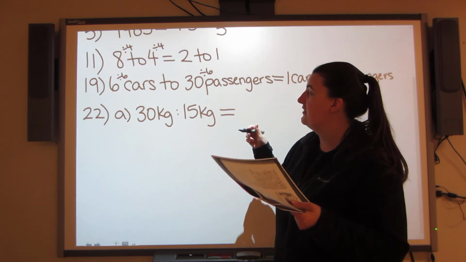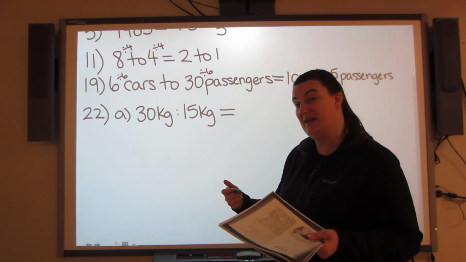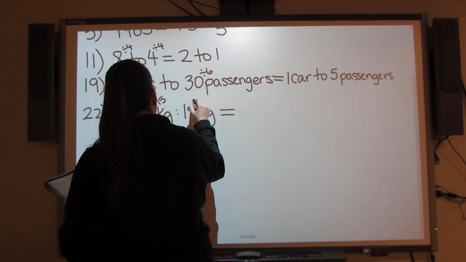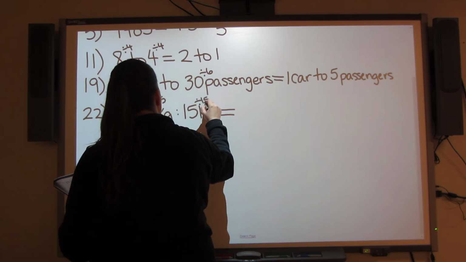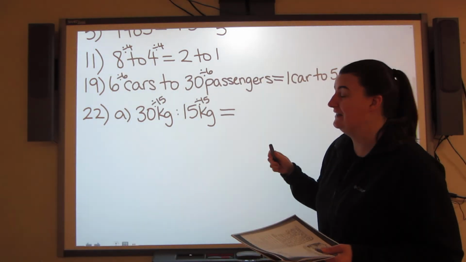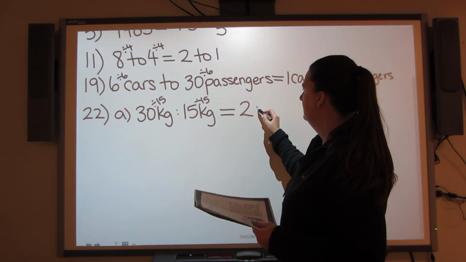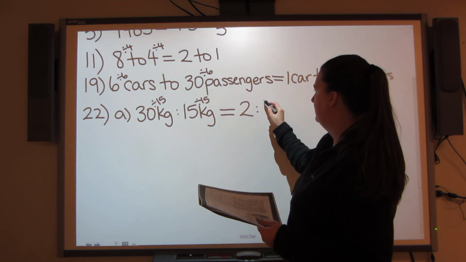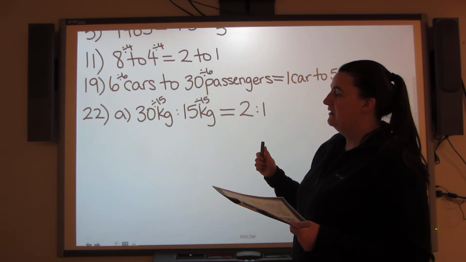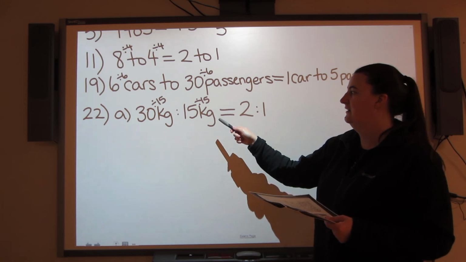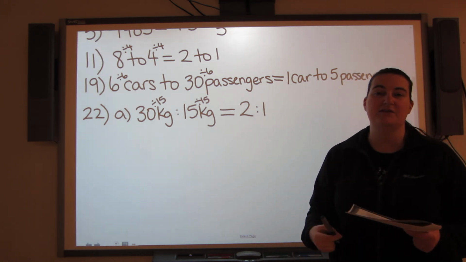And so the one they have the same, that's the biggest, is 15. So I'm going to divide them both by 15. 30 divided by 15 is 2, and 15 divided by 15 is 1. So I have my ratio of oxygen to silicon, and then I have it written in lowest terms as well.